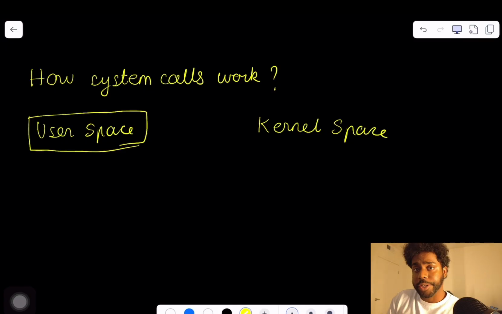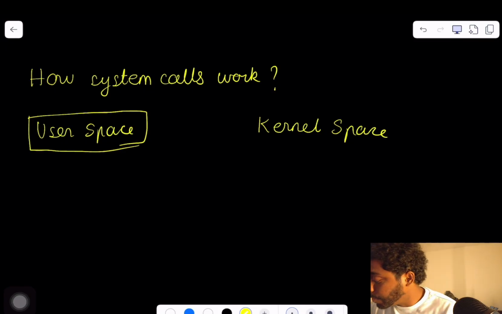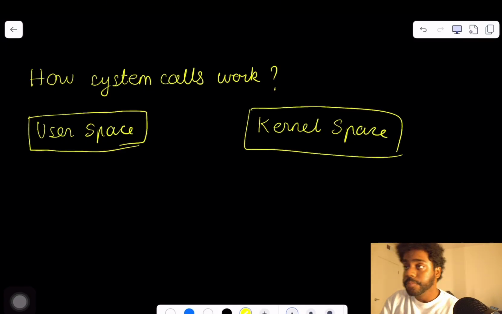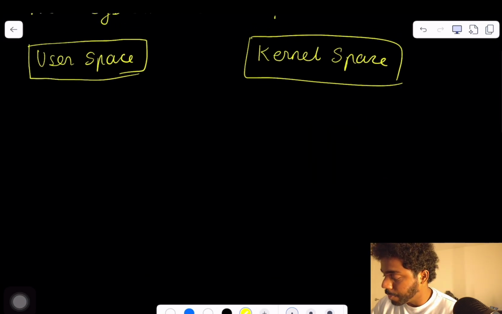All of those things happen in the kernel space. Now, this is the prerequisite to understand how system calls work in Linux. First, let's understand the differences between these two spaces.